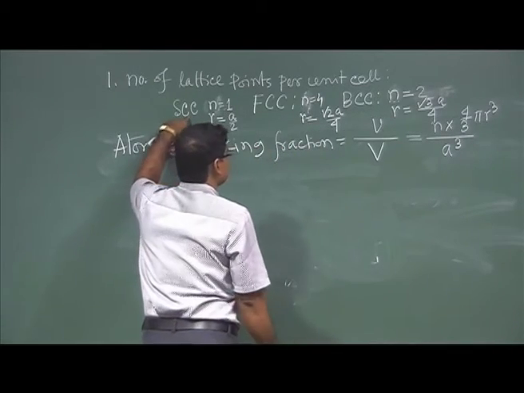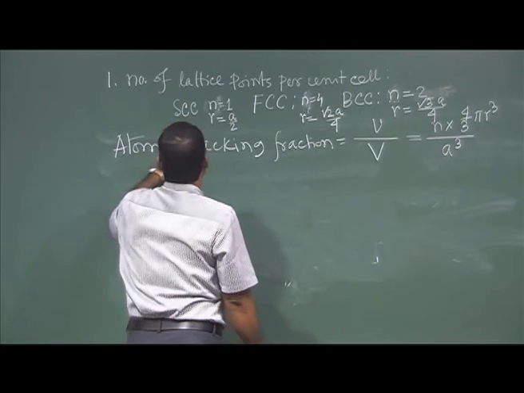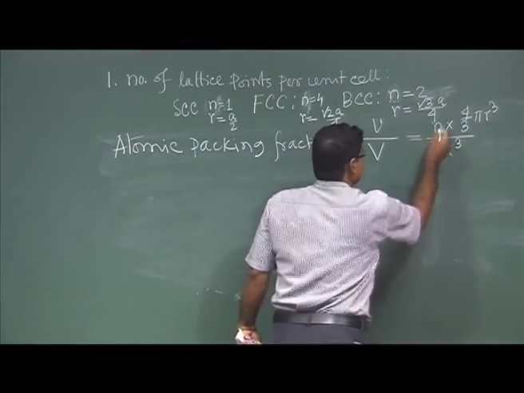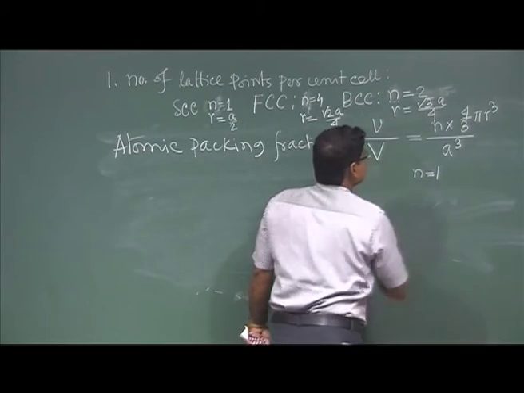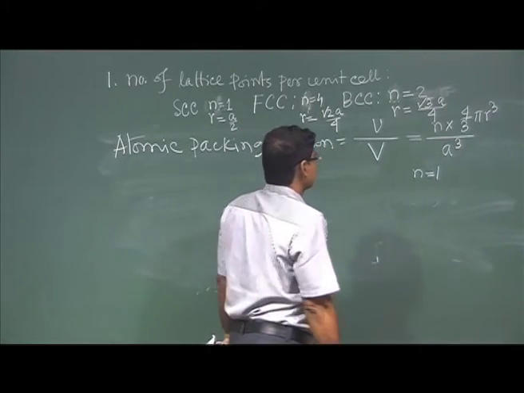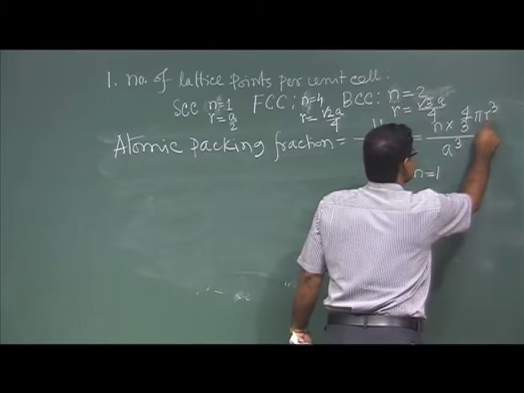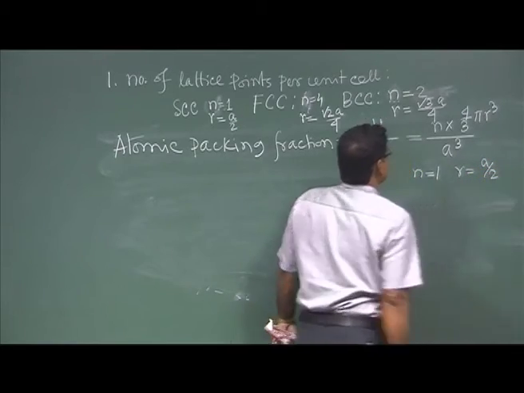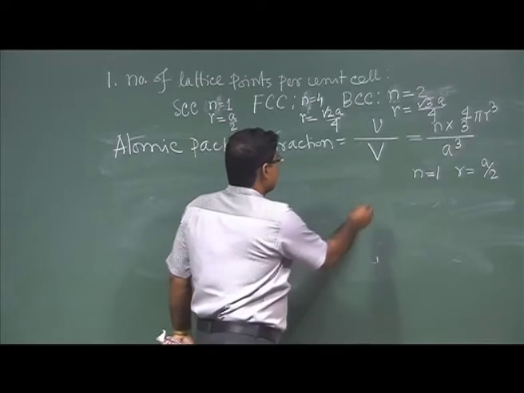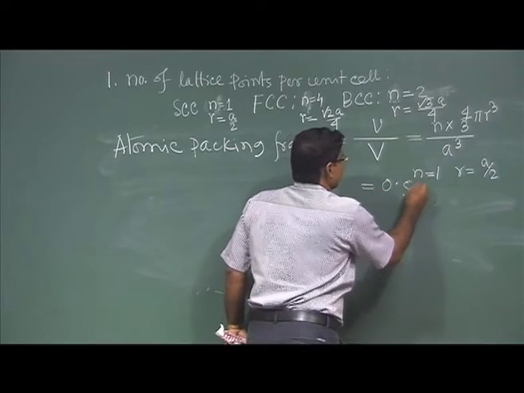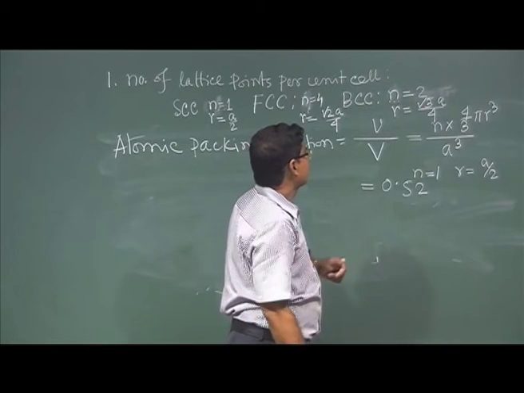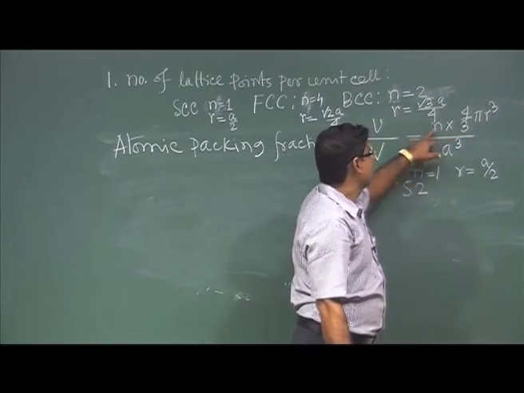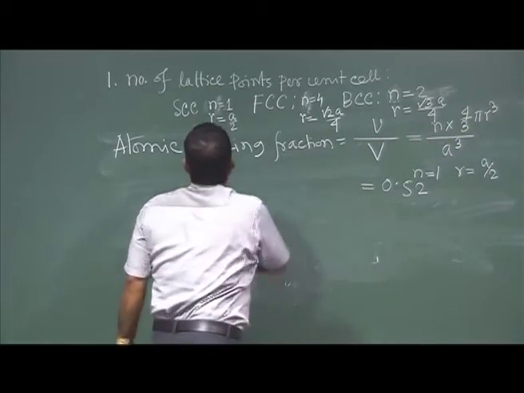Now for SC, taking n equal to 1 and putting the radius r equal to a by 2, you can calculate the packing fraction and you will find it to be 0.52, because a cube cancels, and you will have pi and n equal to 1. So this is for SC.